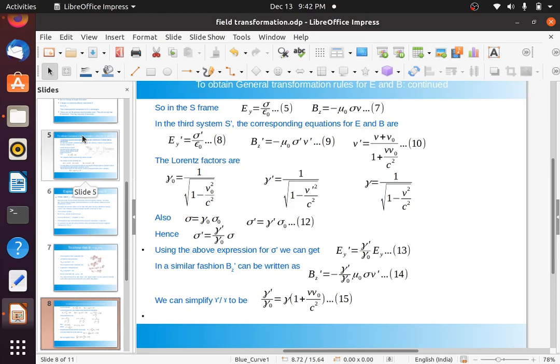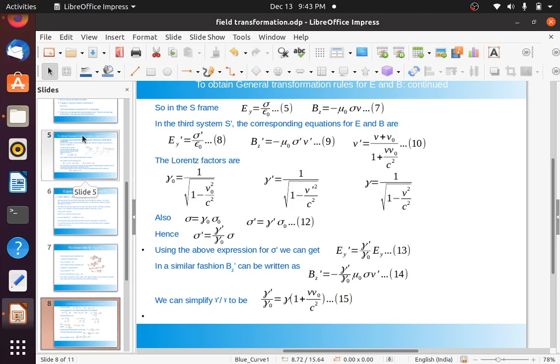Gamma 0 is the Lorentz contraction factor between the S0 and S frame, because between the two frames V0 is the relative velocity, and between the S dash and S0 frame V dash is the velocity, so that the corresponding gamma dash is given by that relation. And between the S and S dash frame V is the relative velocity, so that the corresponding gamma is given by gamma is equal to 1 by square root of 1 minus V square by C square.